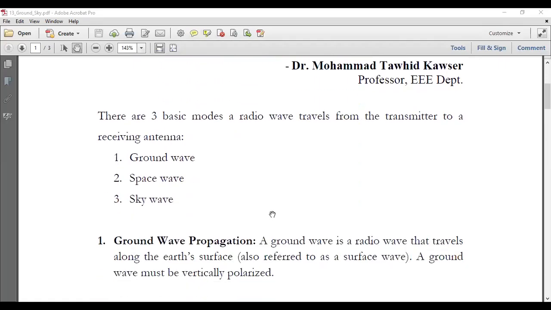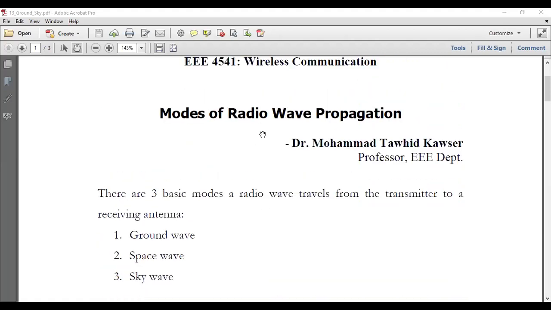This way we could talk about the radio waves actually in the beginning of our course, but the reason I didn't do that is that different modes of radio wave are no longer very important.